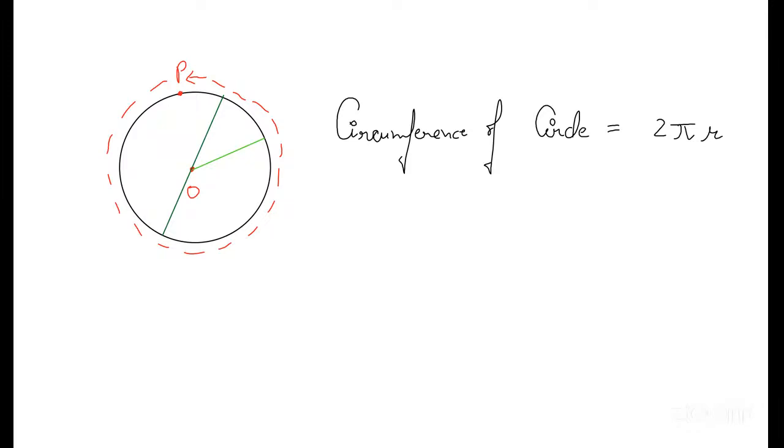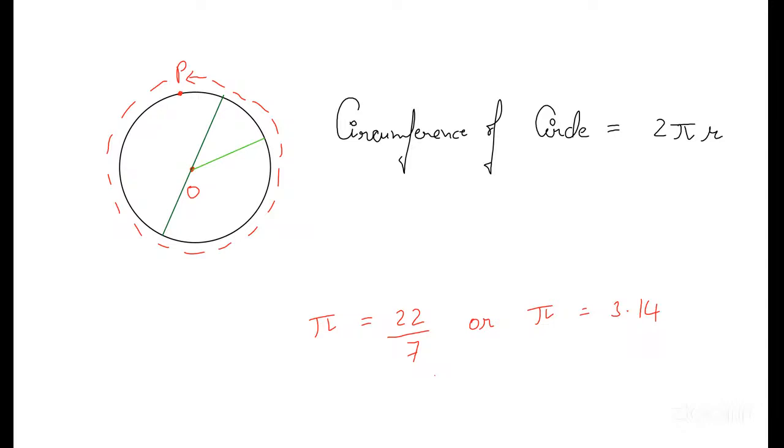Now what is pi? Ma'am, 3.14159. Yes, pi can be used as 22 by 7 or pi can be used as 3.14.